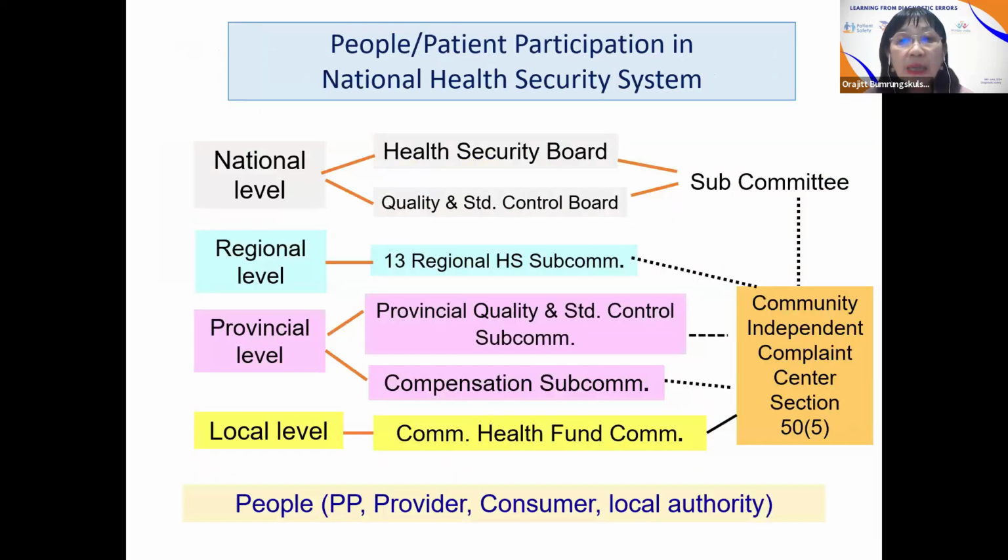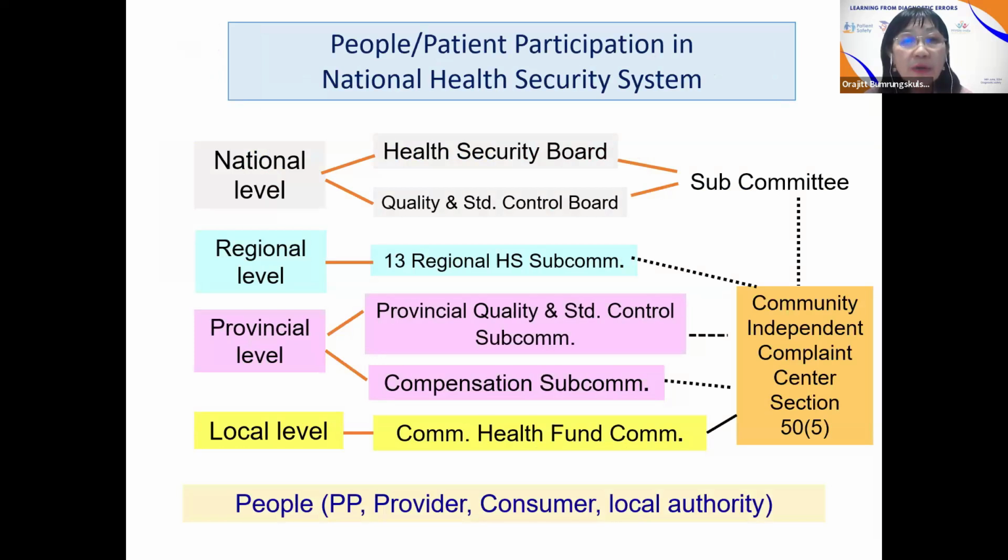In the National Health Security Act, people and patient participation is already included at all levels of the system. The people and patient organizations can sit on the board at the national level, and also on the quality and standard control board.